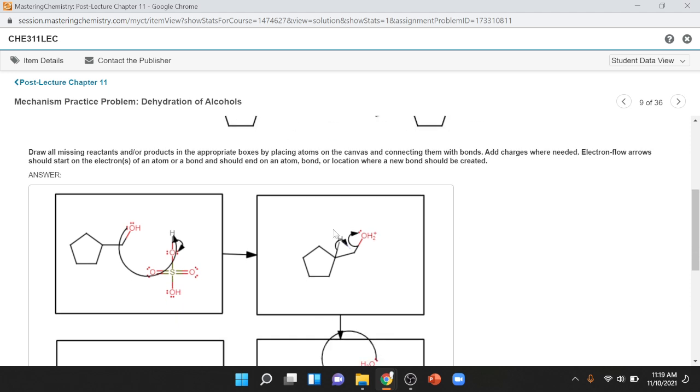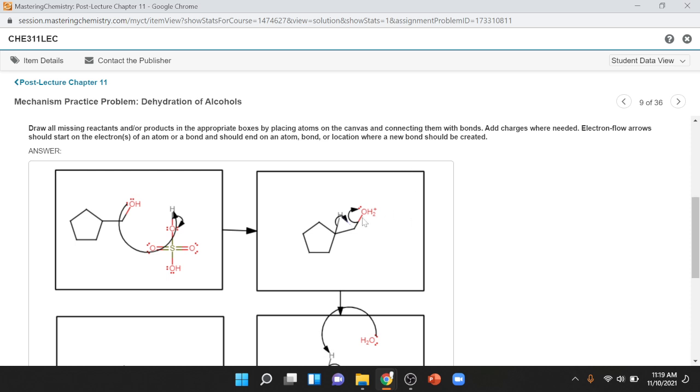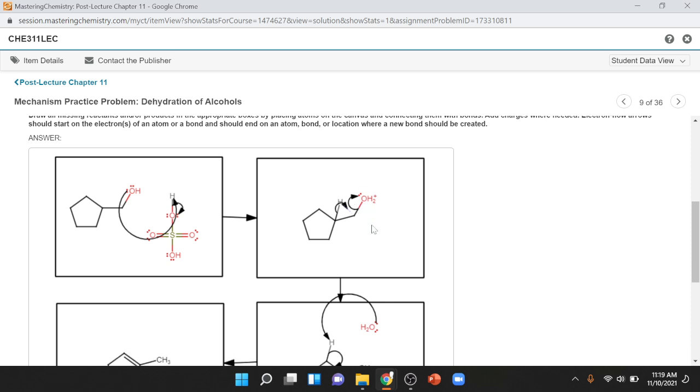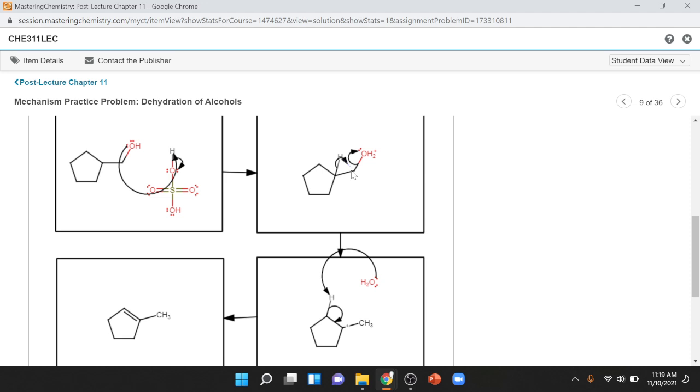Okay. So we now have this good leaving group. It can leave, right? Okay, fair enough. It's going to leave. That's going to allow the electrons in this overlapping carbon-hydrogen bond here to move, right? So you're making a carbocation here, a positively charged carbon, right?